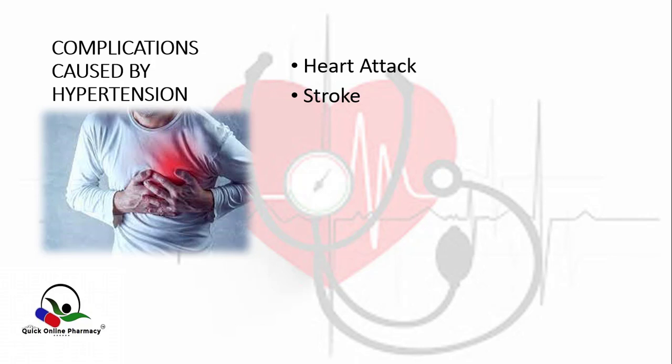And then stroke, this is when your body freezes, you can no longer feel any part of your body, and it mostly comes from the brain. When your blood is moving at high pressure, it has many complications, mostly on your blood vessels.